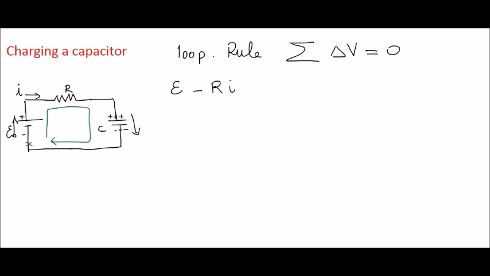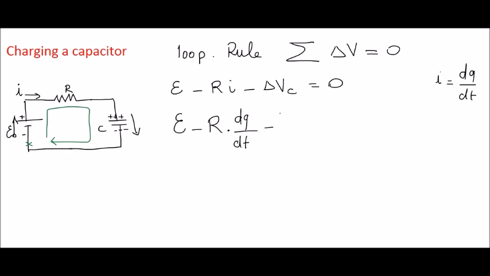The positive plate has a higher potential and the negative plate has a lower potential. So the potential is decreasing, which means we need a minus sign, delta Vc. So here we have E minus R times the current. The current is dq over dt, so I will use just that, dq over dt.